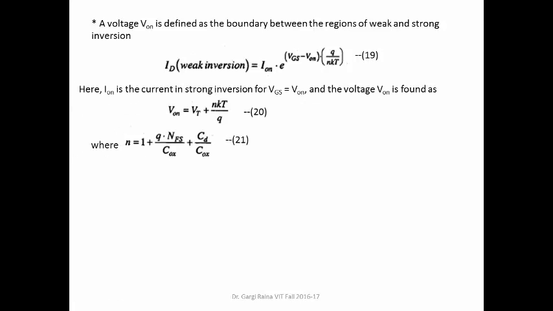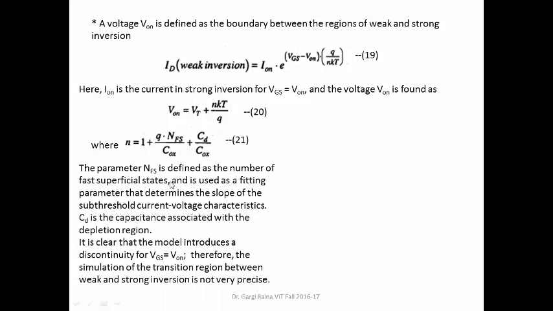and here Ion is the current in the strong inversion for VGS equal to Von, and the voltage Von is found by this expression, Vt plus NkT by q, where N is given by 1 plus q NFS by Cox plus CD by Cox.